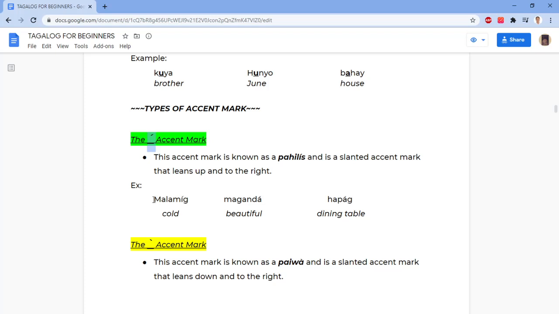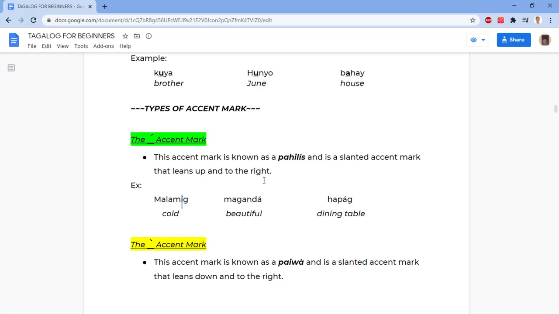For example, malamig, malamig, maganda, maganda, hapag, hapag. Make sure all the vowels have a stress or accent mark.